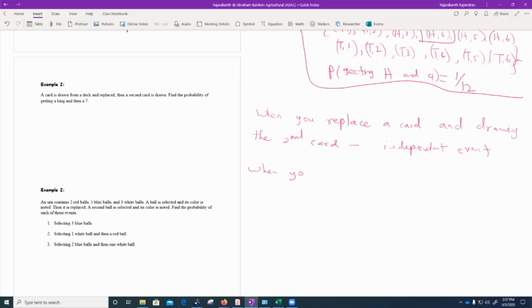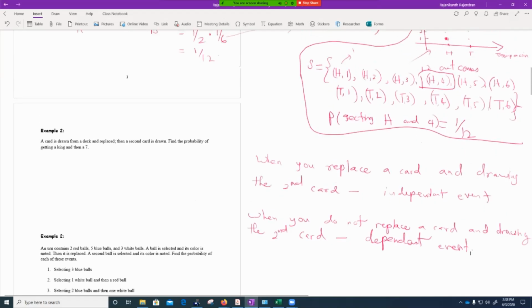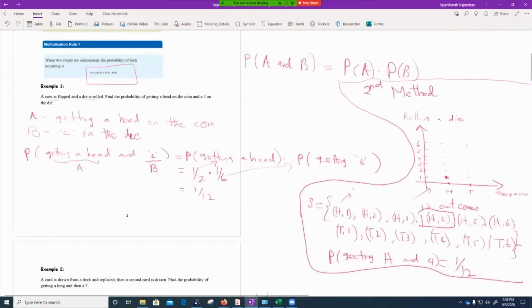When you do not replace, keeping it out, and draw the second card, these two events are going to be dependent events. So make sure that you understand these two.